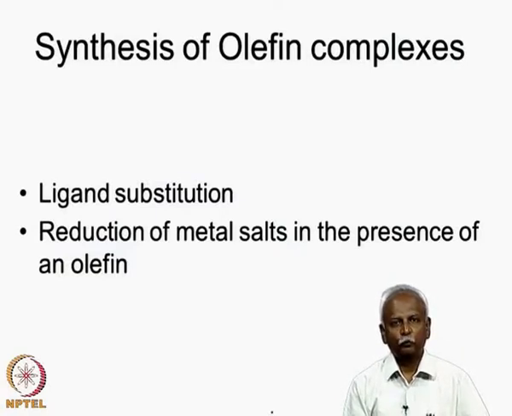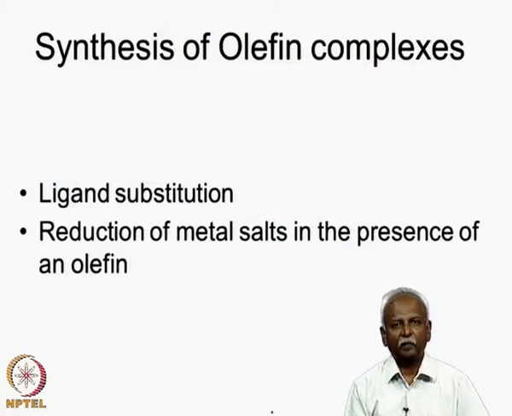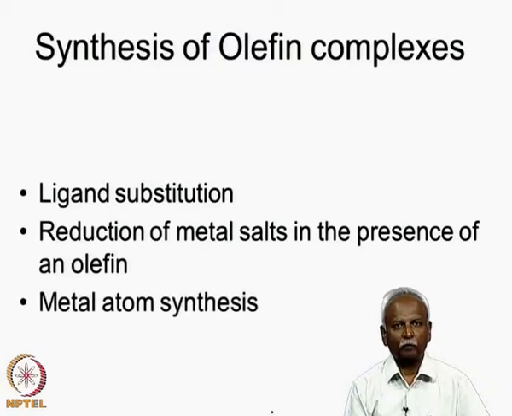We used to reduce the metal salt in the presence of carbon monoxide, sometimes at high pressure, and that led to the formation of a metal carbonyl complex. If you want to make a metal olefin complex, we can do the same trick, namely take the metal in a higher oxidation state, reduce it with a suitable reducing agent, which will not reduce the olefin, and under those circumstances, we can prepare a metal olefin complex.